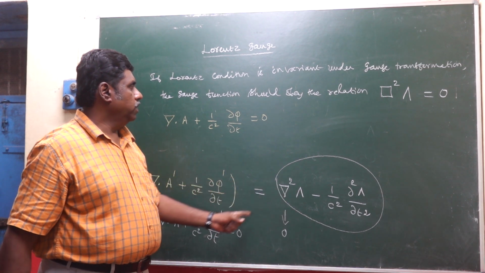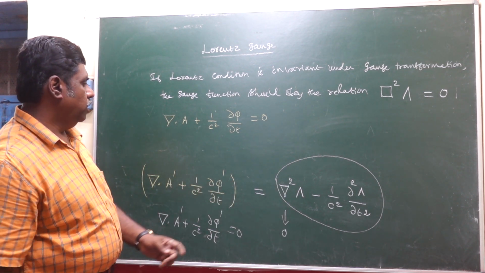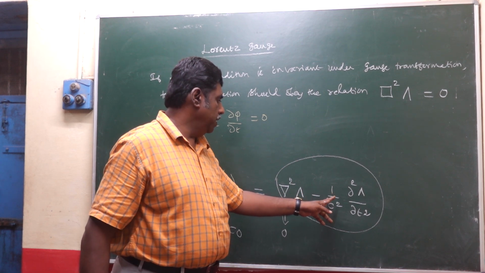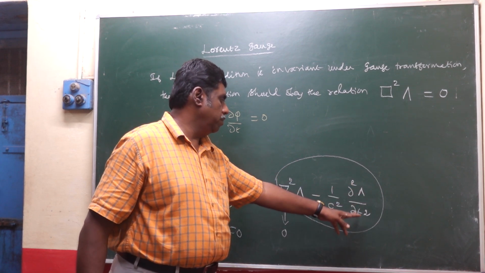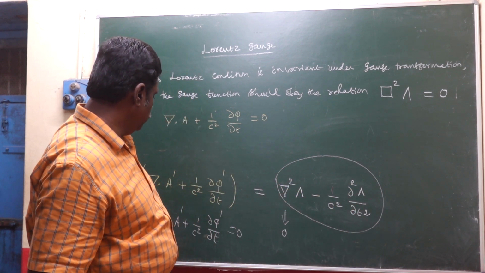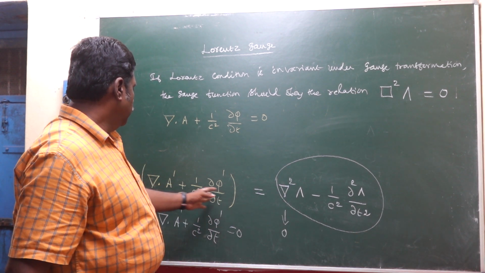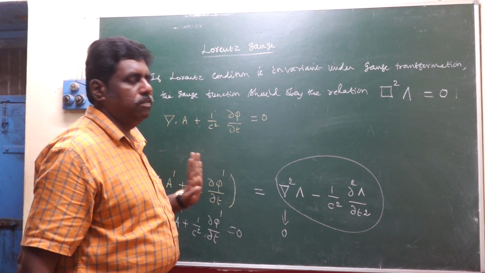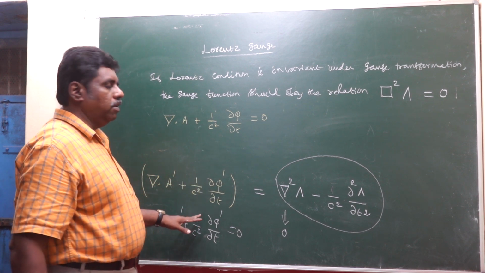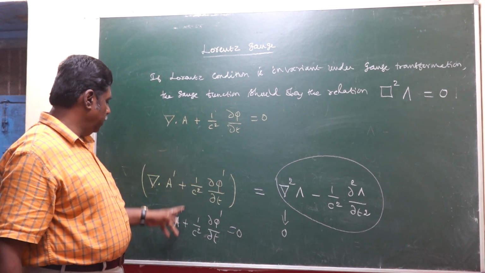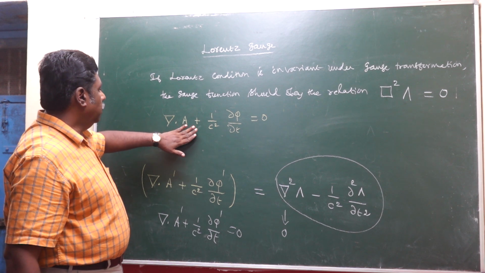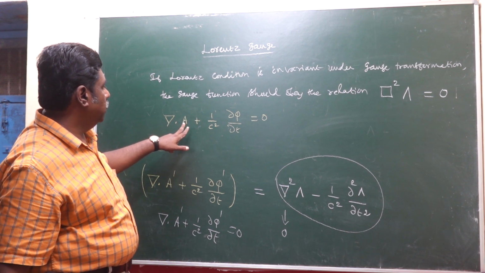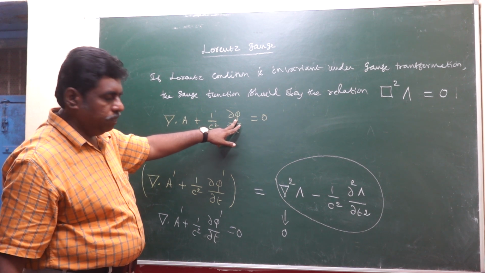In the above equation, if del square lambda minus 1 by c square dou square lambda by dou t square is equal to 0, then the Lorentz condition is invariant. Once again we can get our Lorentz condition in terms of A dash and phi dash. Initially it is expressed in terms of the vector potential A and the scalar potential phi.